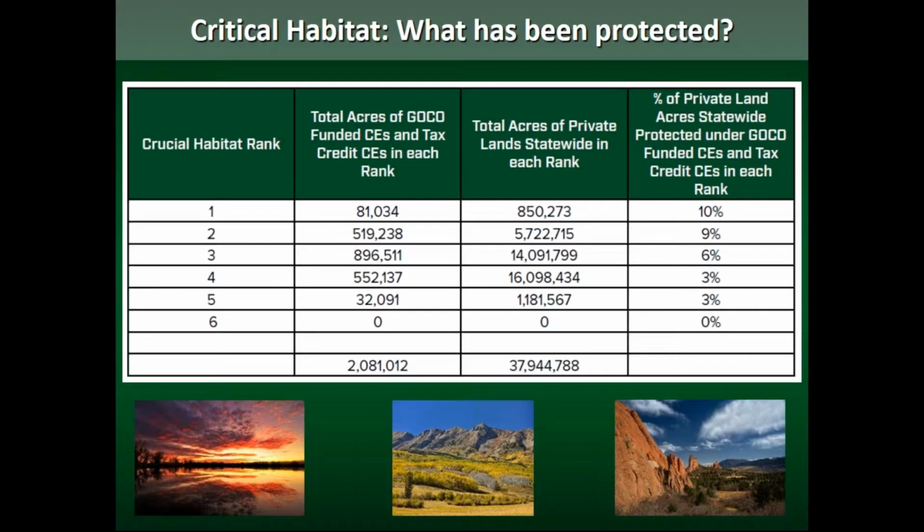Now not every acre is the same, right? And you can see by the pictures that it's a fairly diverse, ecologically diverse state. The mapping that Mike and his crew have done has identified 5 different levels of crucial habitat, where level number 1 is areas that have endangered species and are crucial ecological zones.